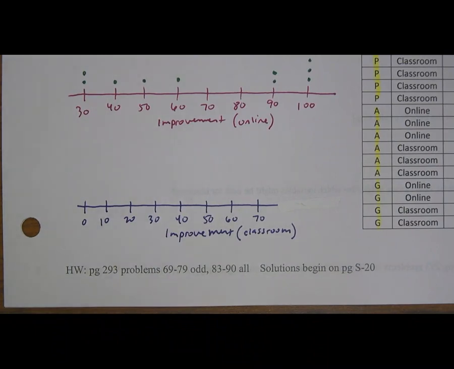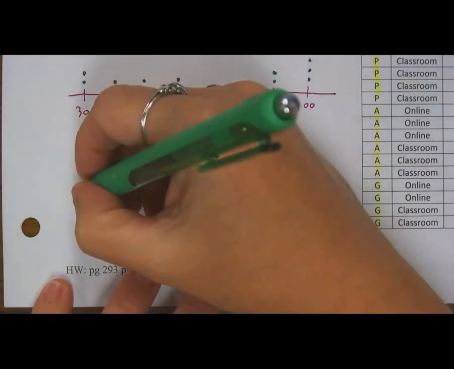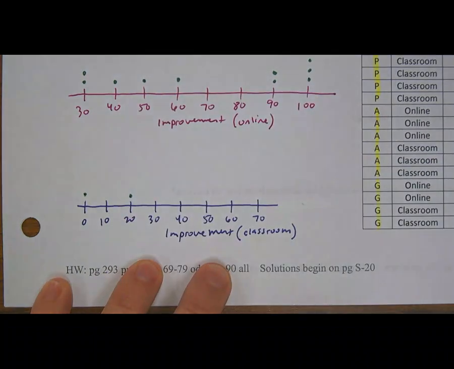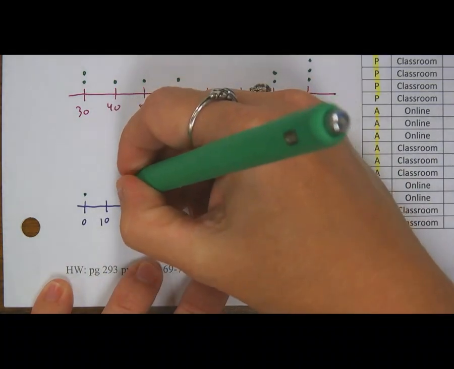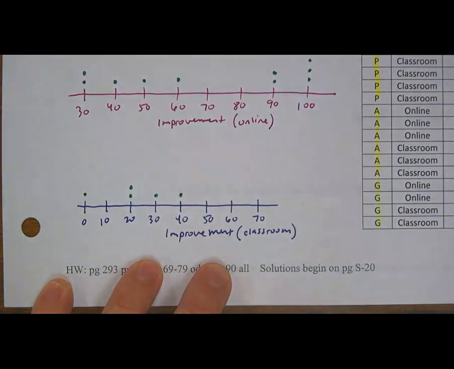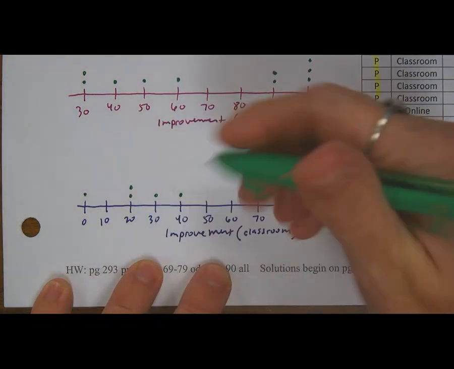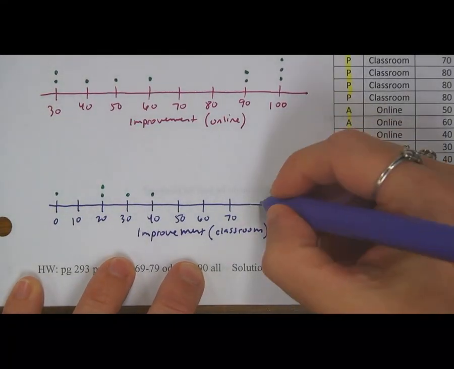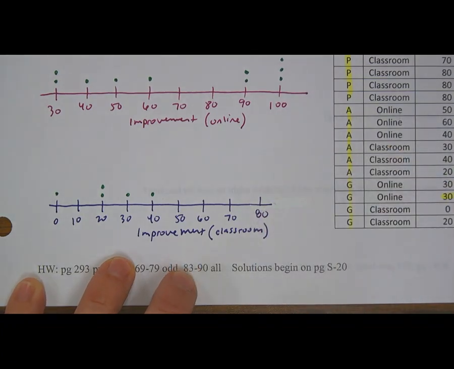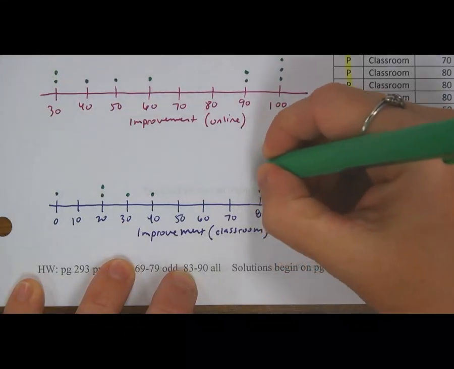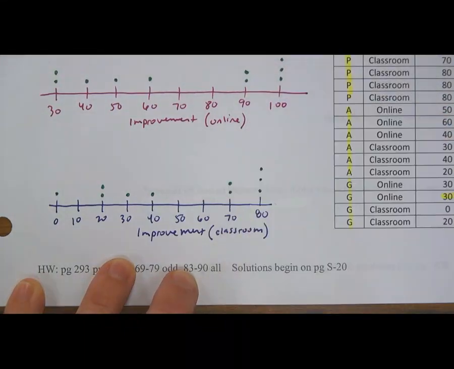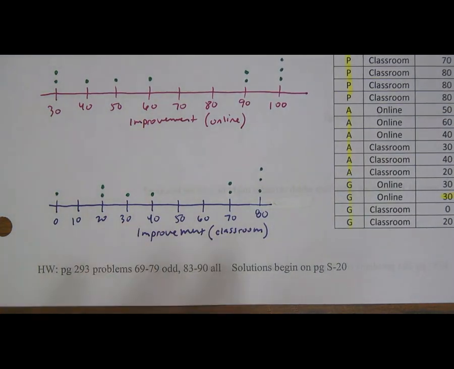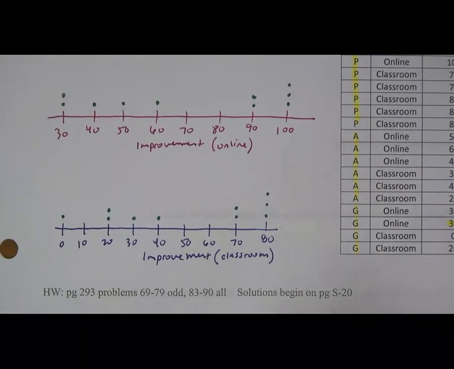And then I'll plot the data. Oops, it goes up to 80, doesn't it? Wait a minute, I don't have room. I've got 10 dots on each dot plot. Can you just double check?